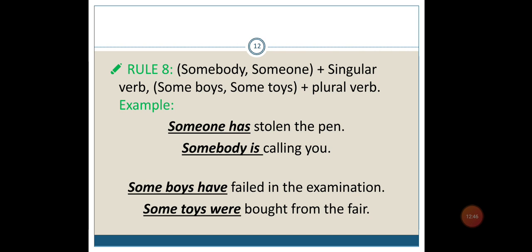Look at the examples. Someone has stolen the pen. Somebody is calling you. Someone, somebody plus singular form of verb. And some boys have failed in the examination. Some toys were bought from the fair.